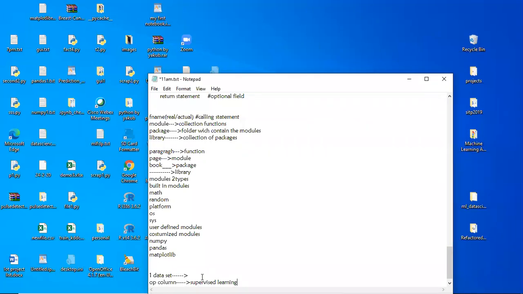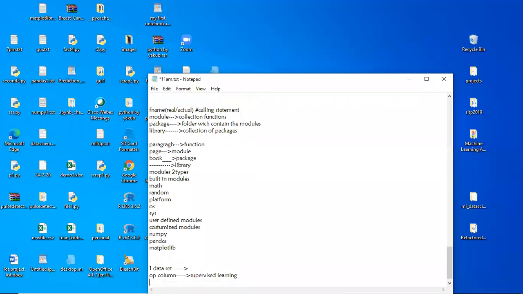If there is no output column, we judge that data set as an unsupervised learning problem. Unsupervised learning we have not discussed yet, so keep it aside. Now let's assume we have an output column in the specific data set. That is nothing but a supervised learning problem only. After that, we need to observe the output column clearly.